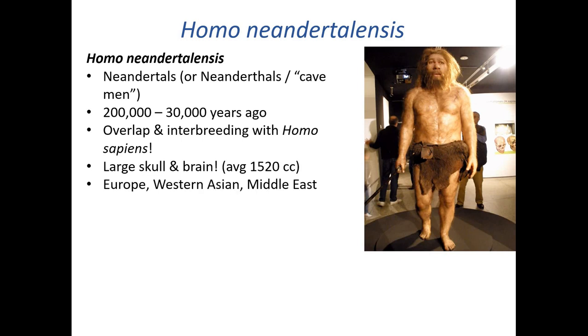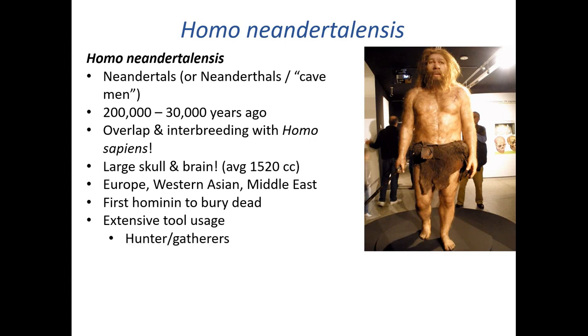They existed in Europe, Western Asia, and the Middle East, and they were basically the first hominin that we have evidence of burying their own dead intentionally. They also used a wide range of tools, so there's evidence of extensive tool usage within this species. They had a hunter-gatherer lifestyle, and these tools aided in that lifestyle.